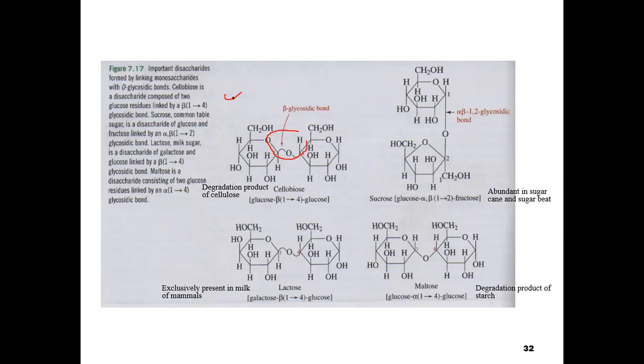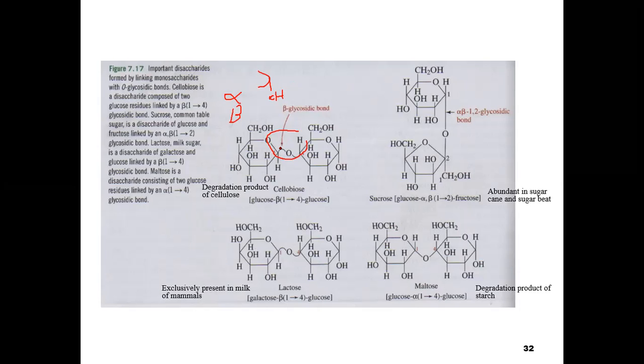If the sugar for which the aldehyde group or the keto group has reacted is in the alpha form, the linkage will be the alpha glycosidic linkage.